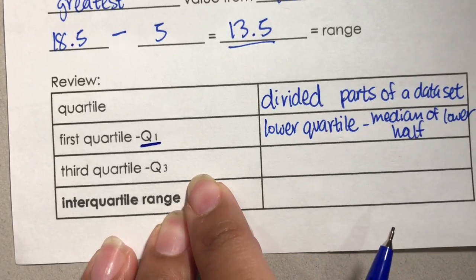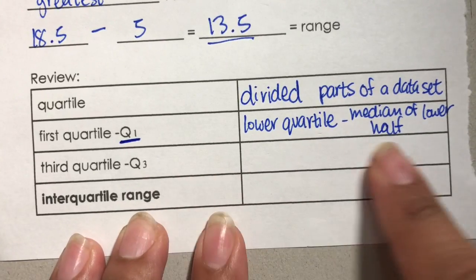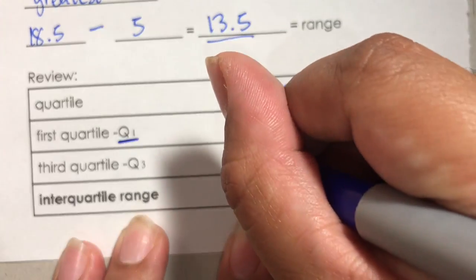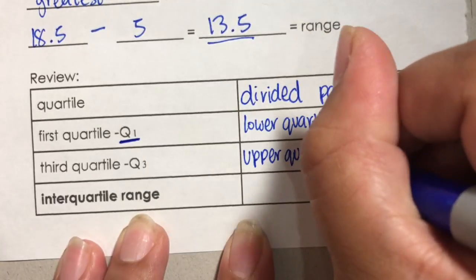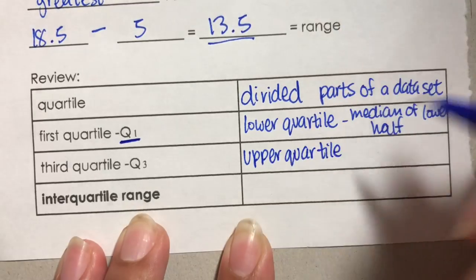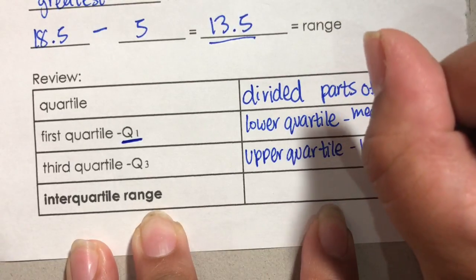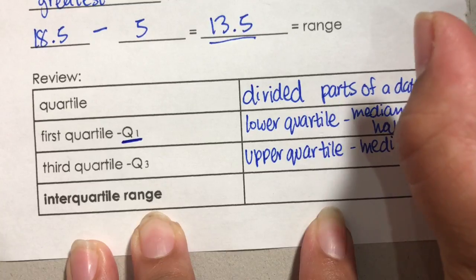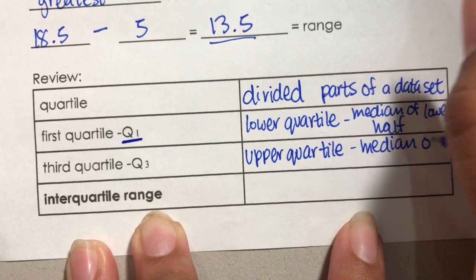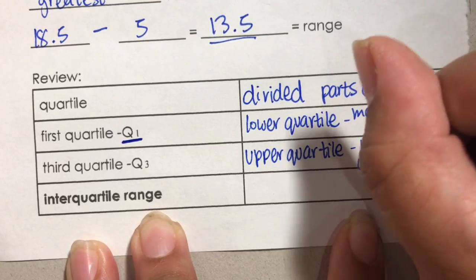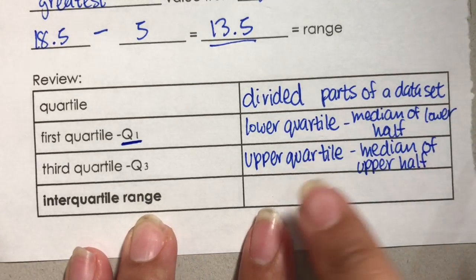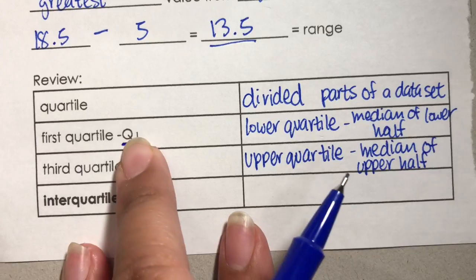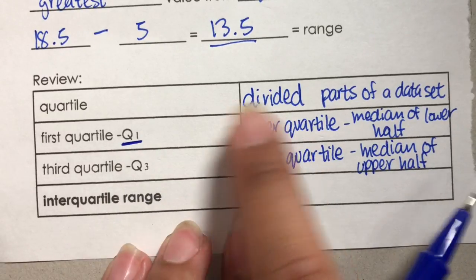The third quartile is the upper quartile, which is the median of the upper half. So first quartile means the same thing as lower quartile.